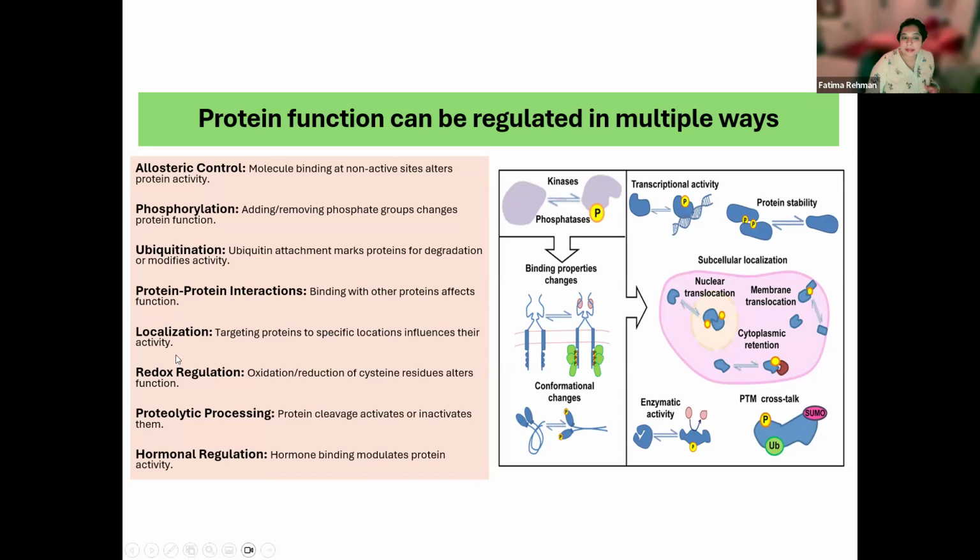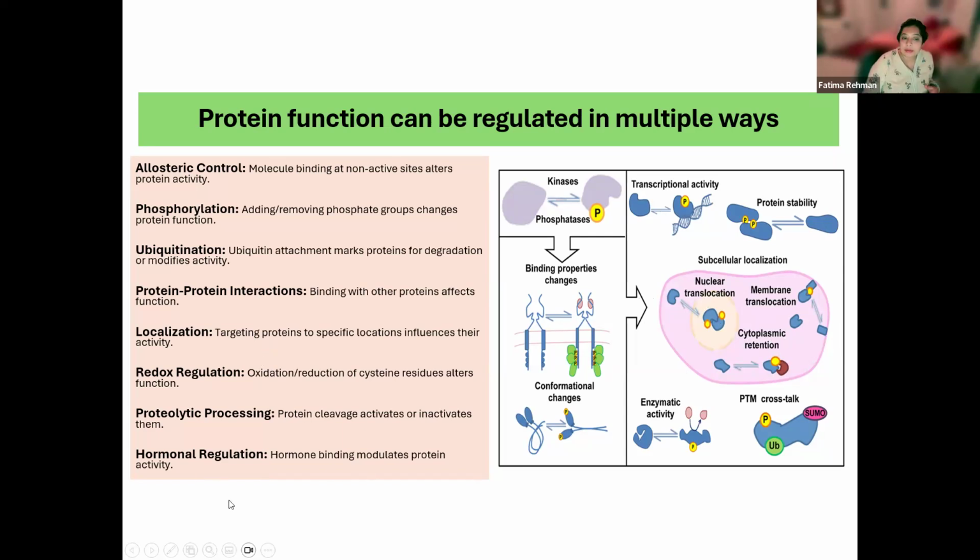Another thing that can really affect the functionality of the protein is localization. If a protein is present in the membrane compared to the cytoplasm or the nucleus, it can have completely different roles in each of these locations, depending on the targets that are present there.